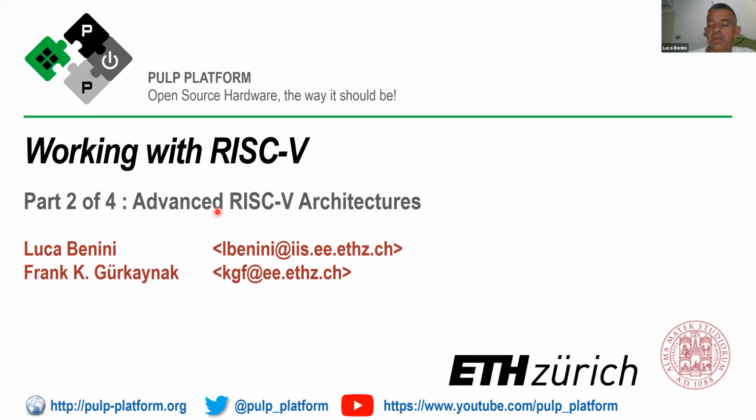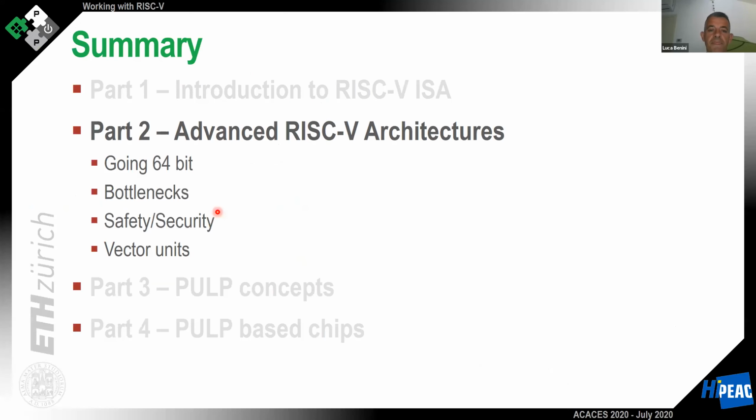So welcome to the second part of the lecture, and today we are going to talk in this part about the design of more advanced RISC cores. So let's get going.